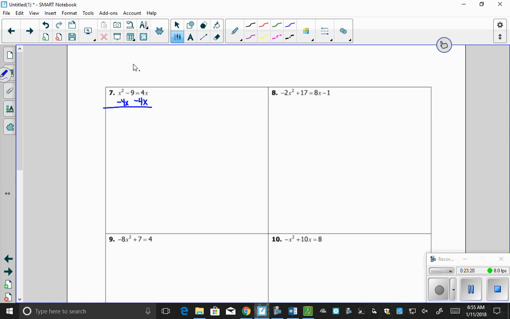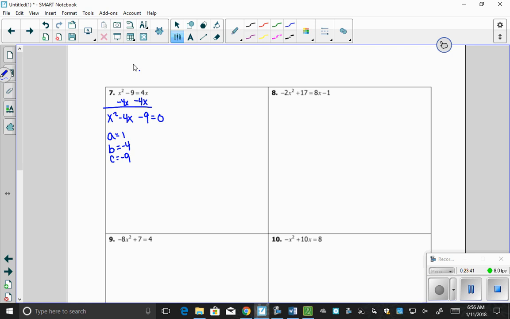So you're left with x squared minus 4x minus 9 equals 0. Label your ABCs. A is equal to 1. B is equal to negative 4. C is equal to negative 9.